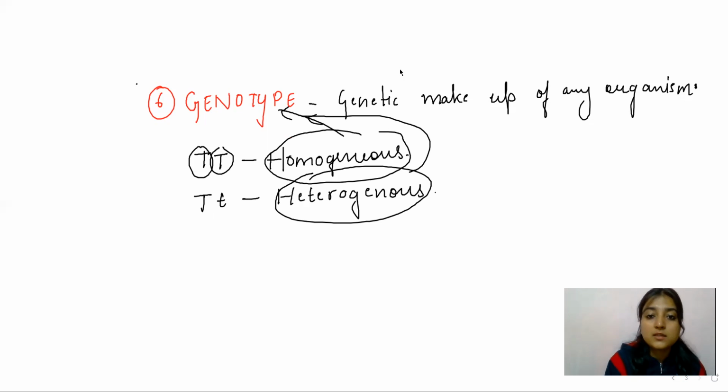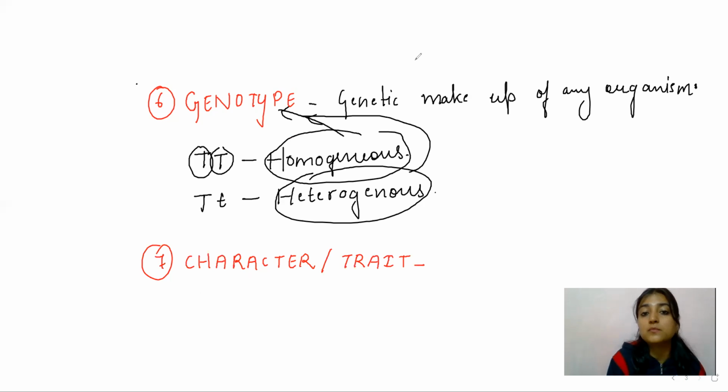Now at last, the seventh term is the character or trait of an organism. How do you define a character or a trait of an organism?